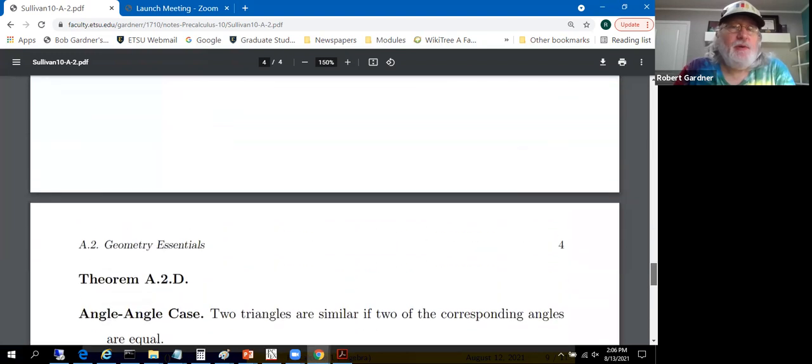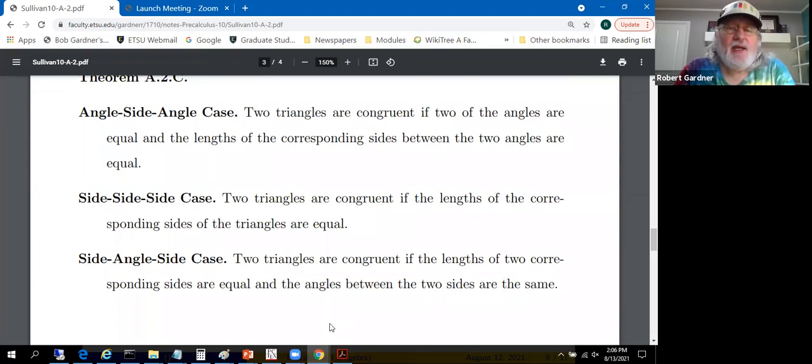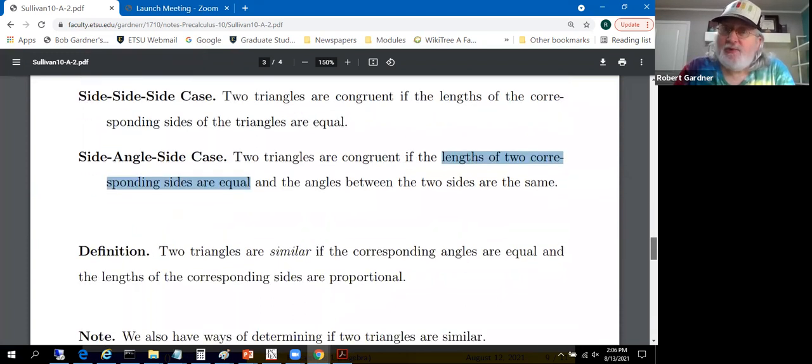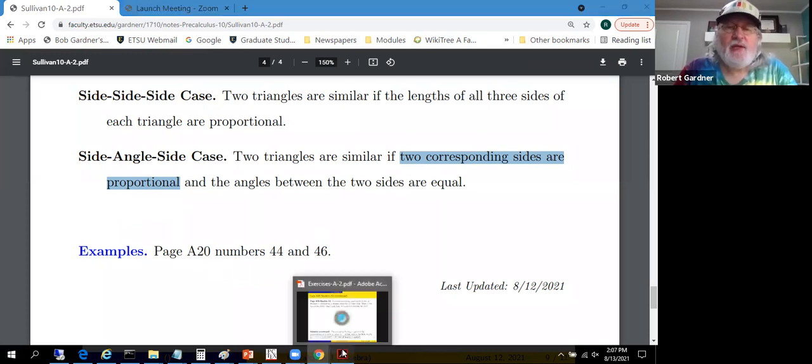Upstairs, we also had a side, angle, side case, but here you're saying the lengths are equal. Whereas for similar triangles, we're saying the corresponding sides are proportional in length. So proportional becomes a story down here for similar triangles. Let's illustrate that a little bit more with a couple of examples, and that'll take care of this section.